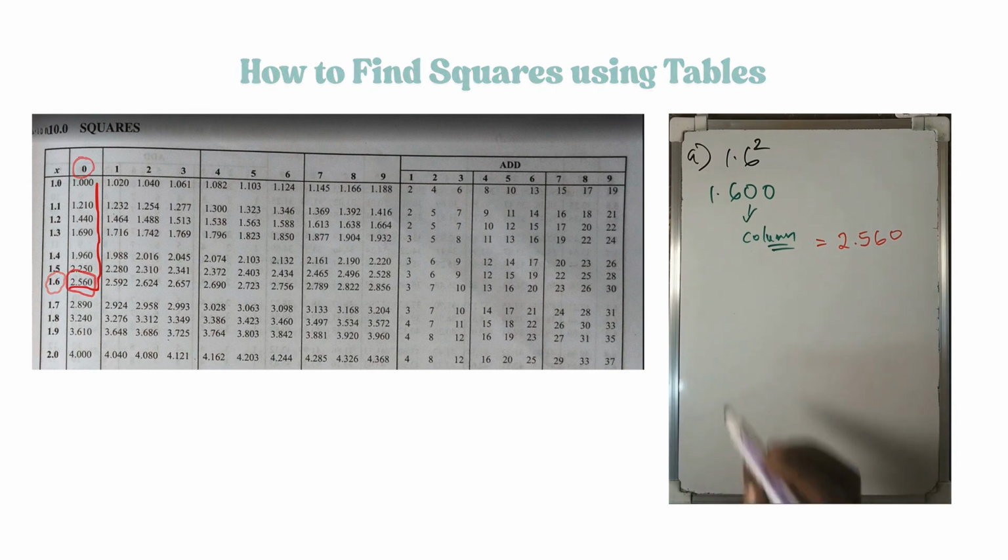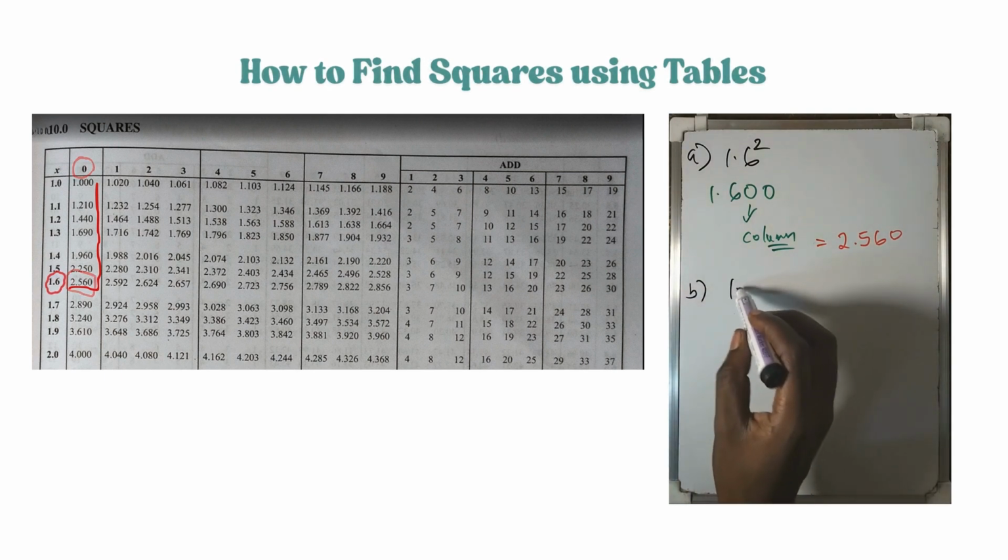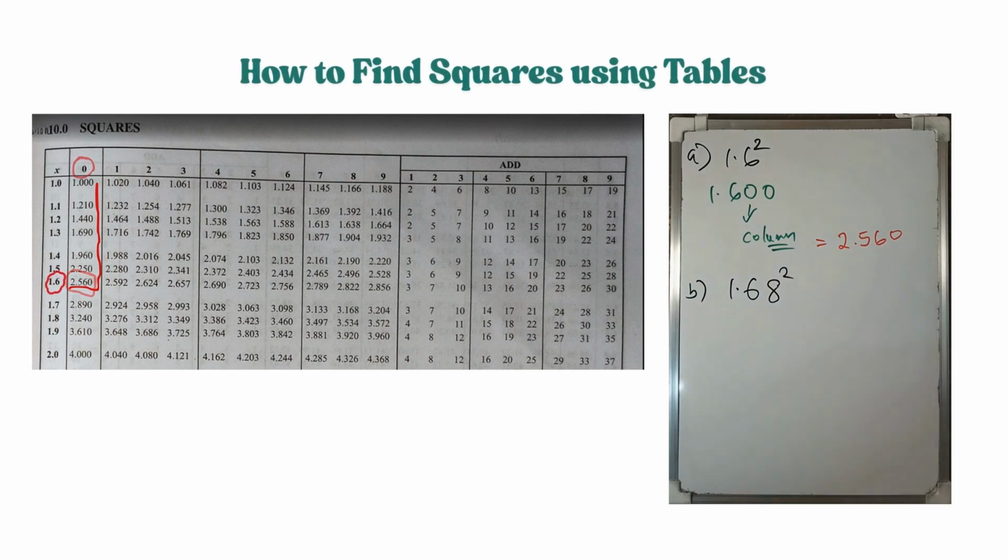Let's try another one. The square of 1.68. For this one, we'll locate the row 1.6 and move horizontally to the column labeled 8.